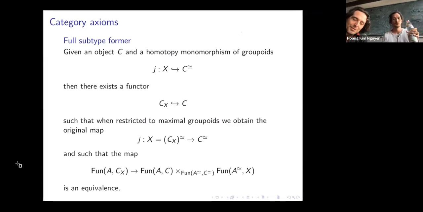We take the full subcategory in the codomain whose objects are the ones which are isomorphic to something in the image. And we want this to be available as a type constructor. Okay. Thank you.